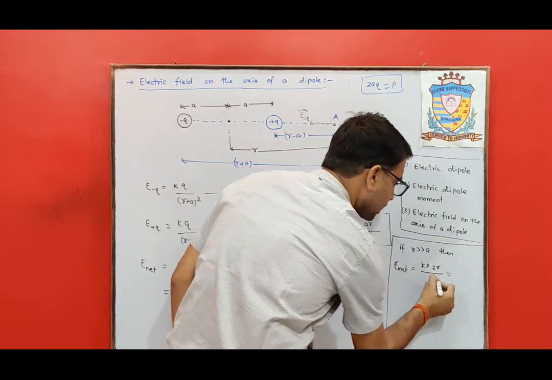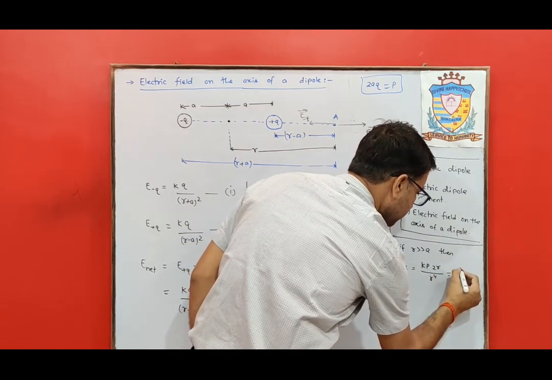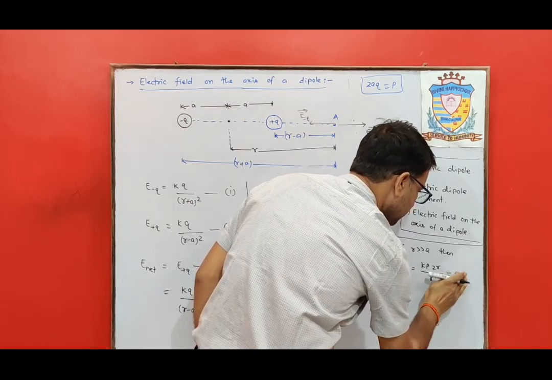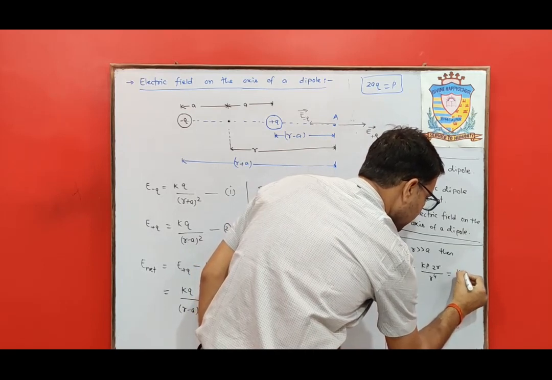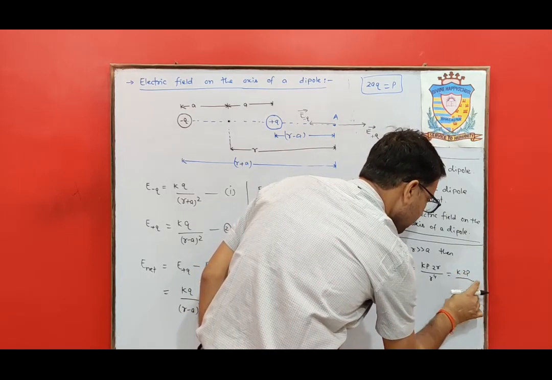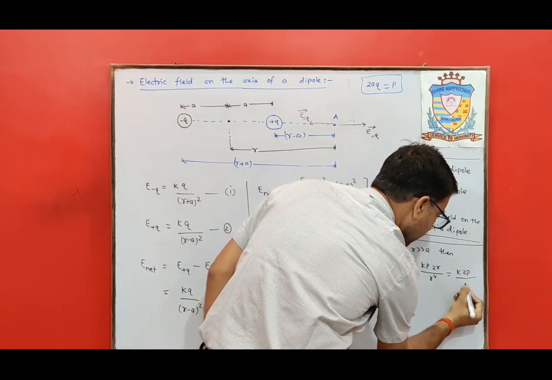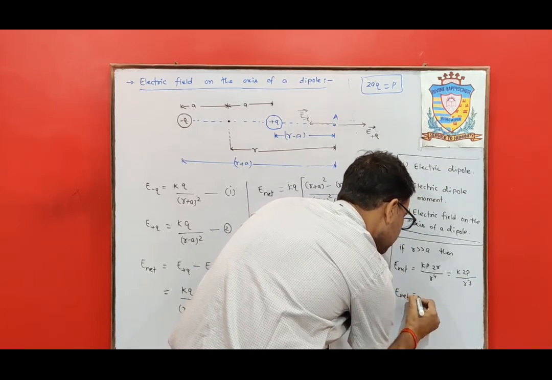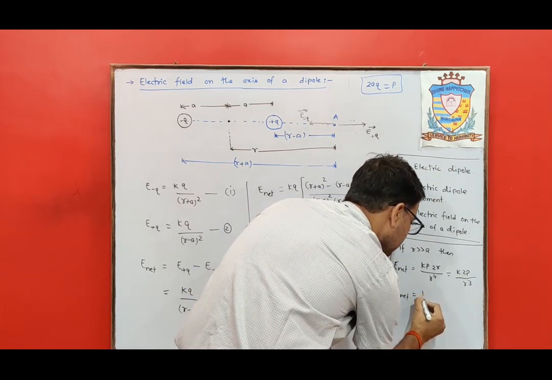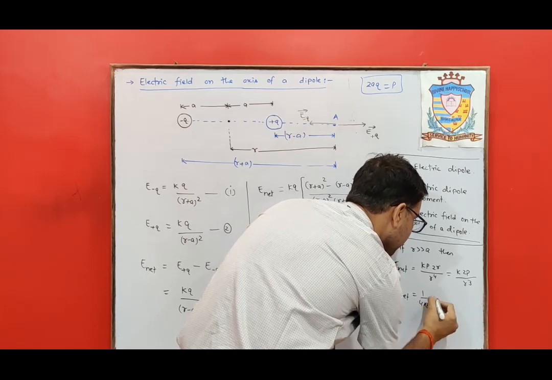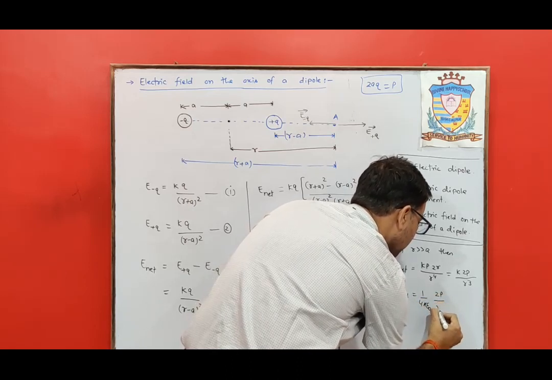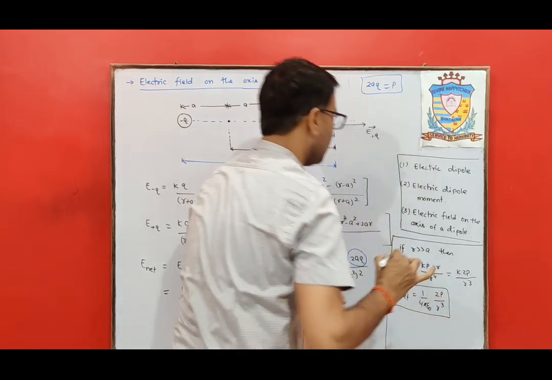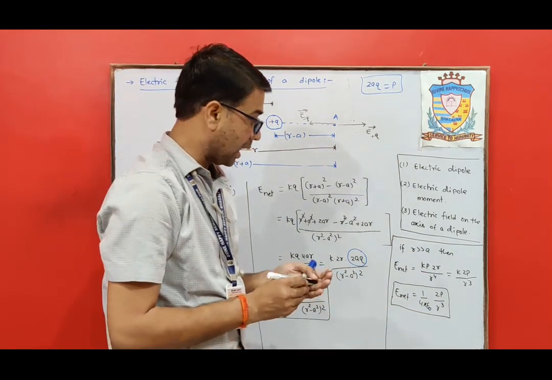After solving it, this R will be cancelled out. Here we have k 2p upon R cube. So E net on the axis of the dipole is equal to 1 upon 4 pi epsilon naught into 2p upon R cube. This is the formula for E net on the axis of the dipole.